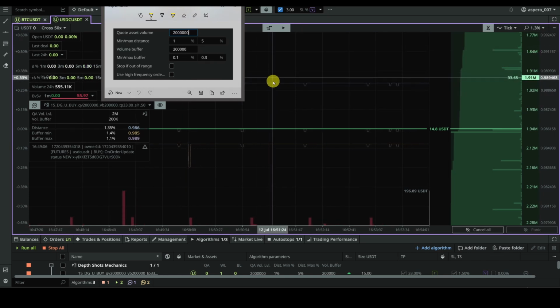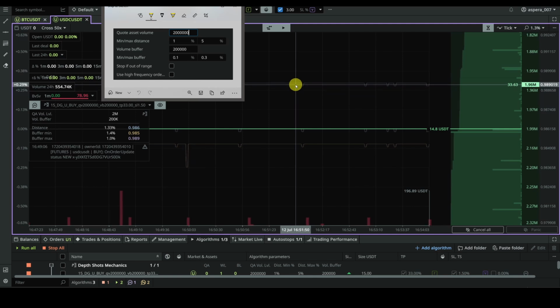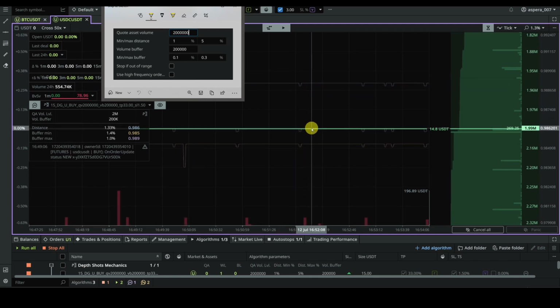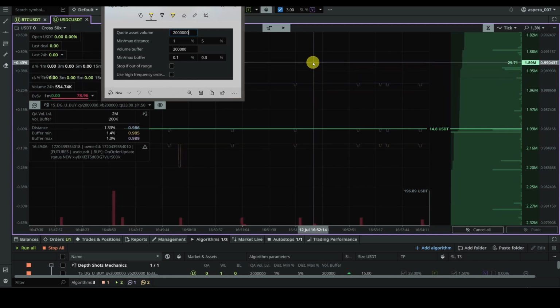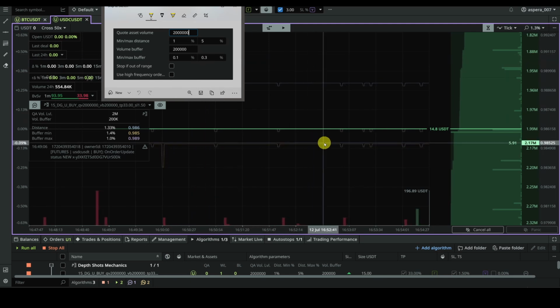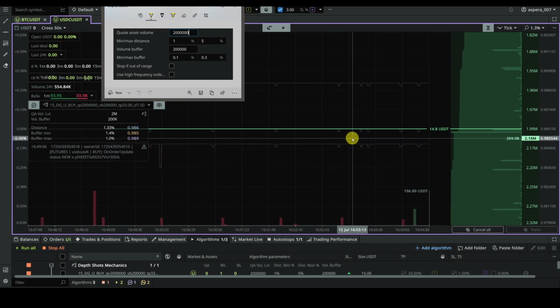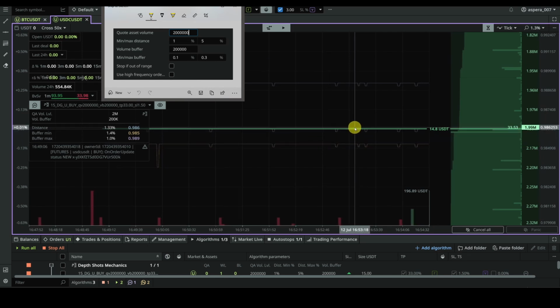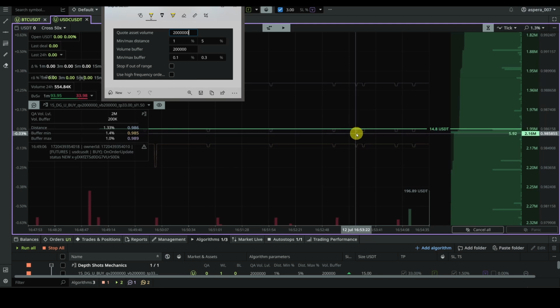So in this case, we're looking for, what are we looking for? 189, for example, yeah? 189 is at 0.43%. So we should increase the maximum buffer here to at least 0.5 or 0.6. And with this one, we're looking at about 2.1, somewhere here.